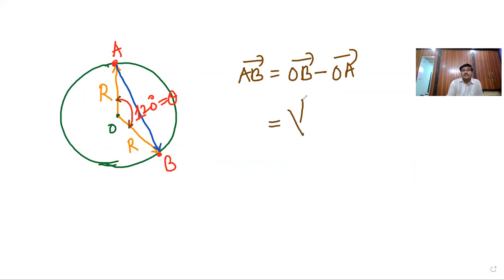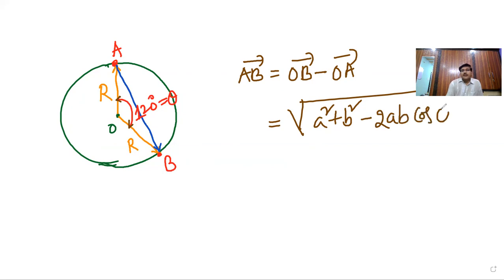What is the formula for difference between two vectors? Just now we have seen A square plus B square, magnitude of first vector, magnitude of second vector square, minus 2 into AB, magnitude of first vector, magnitude of second vector, cos of the angle between the two position vectors. A stands for magnitude of first vector. What is the first vector? OA. What is the magnitude?